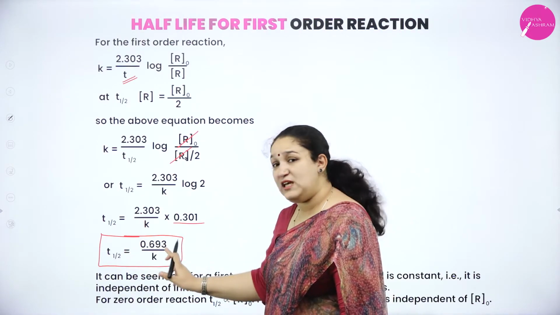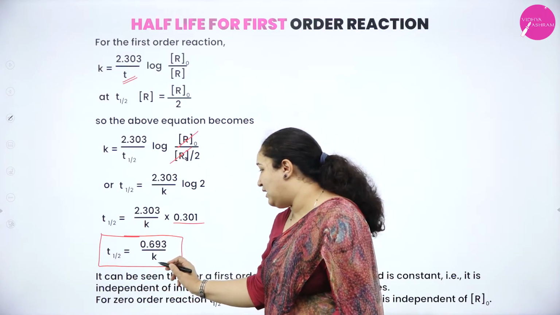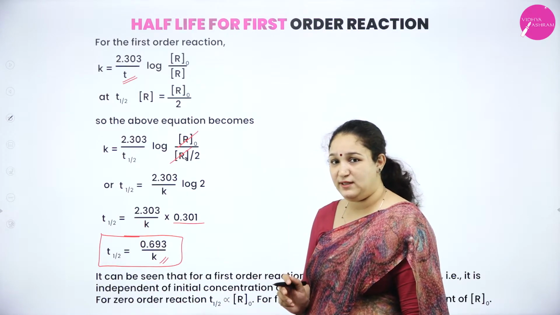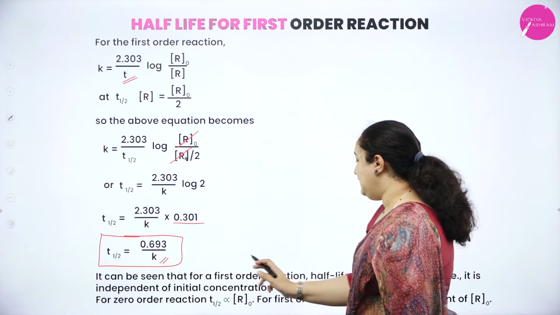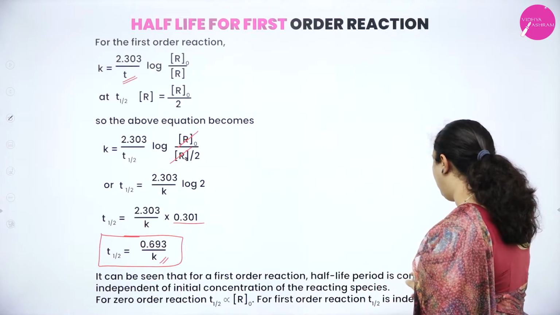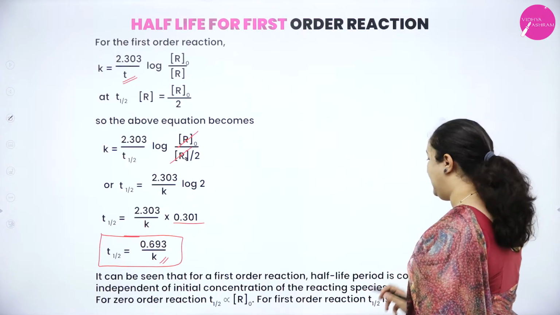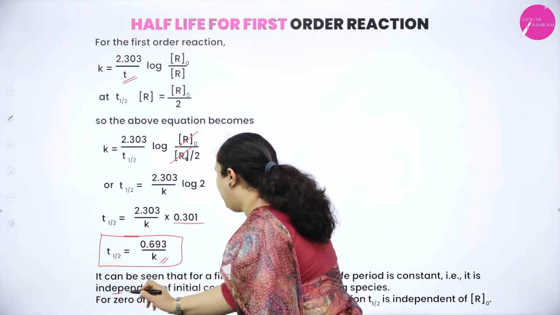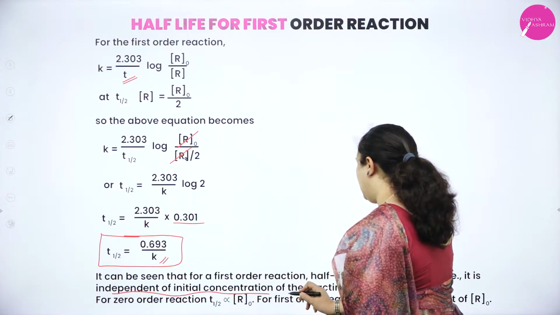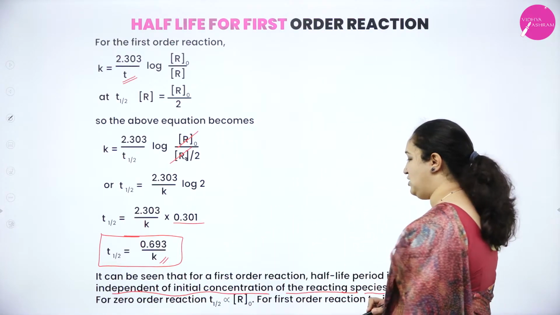But half-life is inversely proportional to the rate constant, isn't it? So it can be seen that for the first order reaction, half-life period is constant, that is, it is independent of the initial concentration of the reacting species.